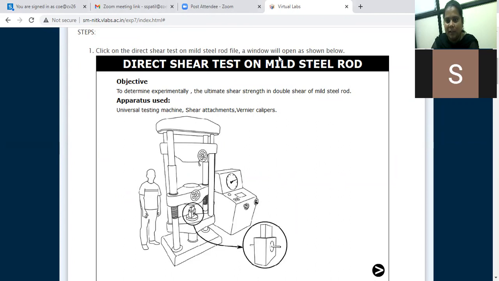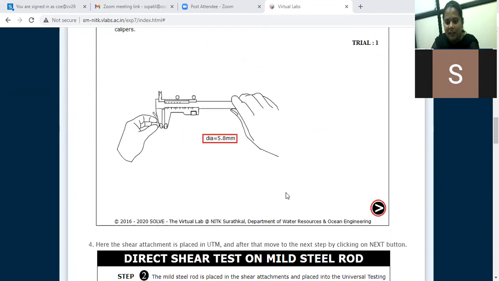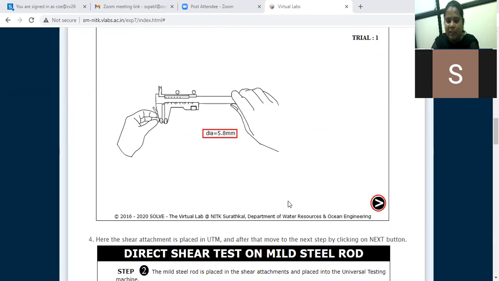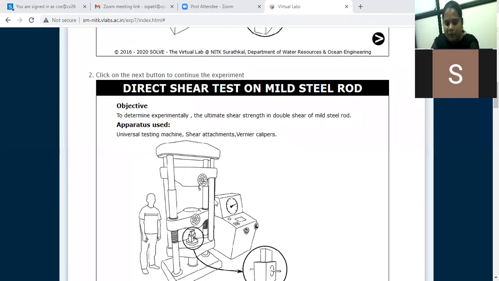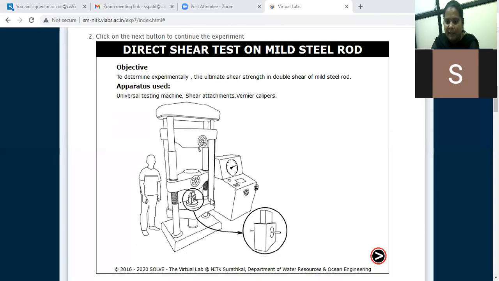Second, the shear attachment, also called the shear apparatus. Next, a vernier scale or vernier caliper for measuring the diameter of the rod. That much is the apparatus required for performing this direct shear test on a mild steel rod.